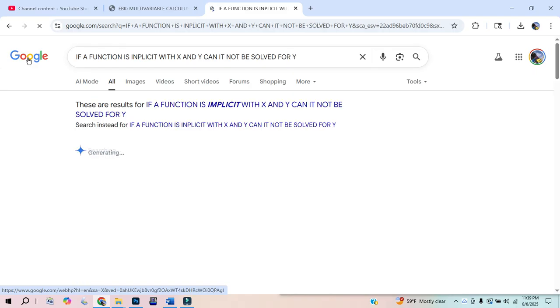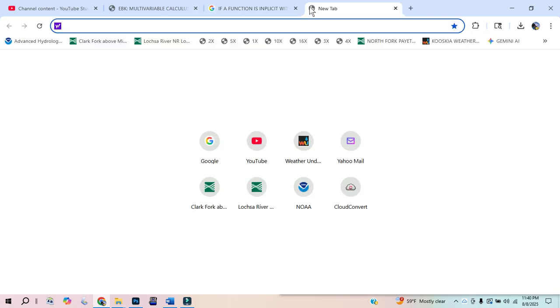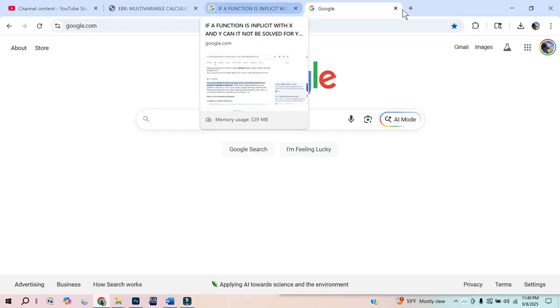I was just curious about that. And it says yes, some implicit functions involving x and y cannot be solved for y to express it explicitly in terms of x. And this gets me thinking as well, because you have y equals mx plus b.